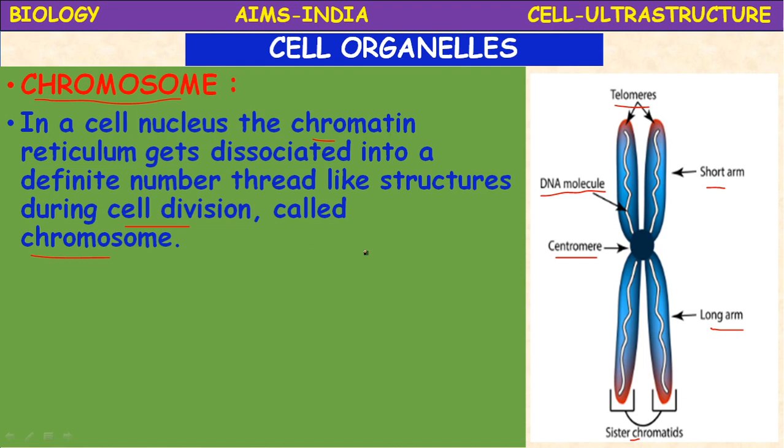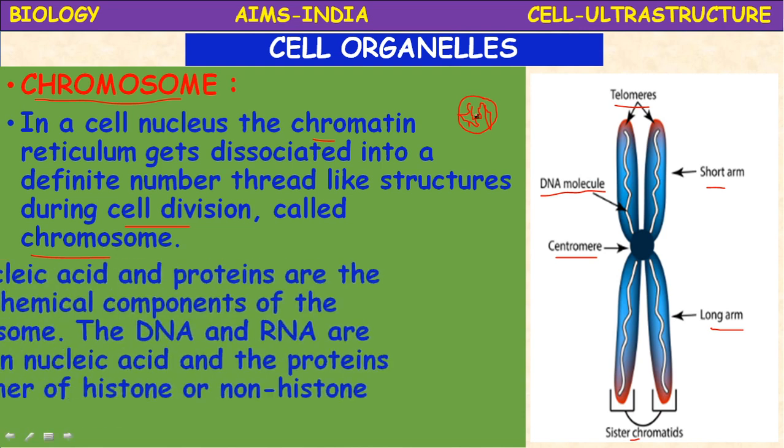Actually in the nucleus, the diffuse nuclear material is present. So this is called the chromatin. This chromatin systematically breaks to form the thread-like structures. At the time of cell division, they are called chromosomes.